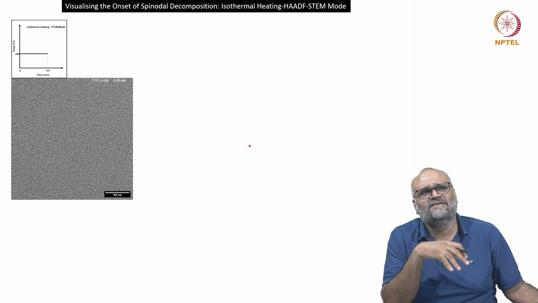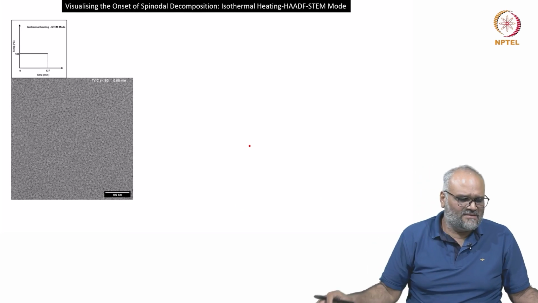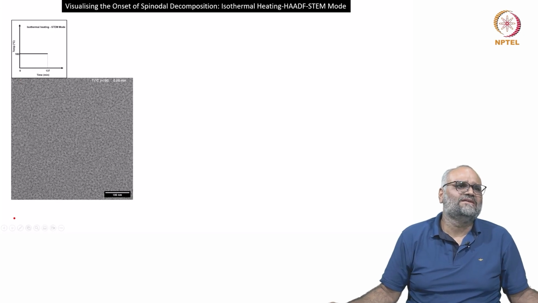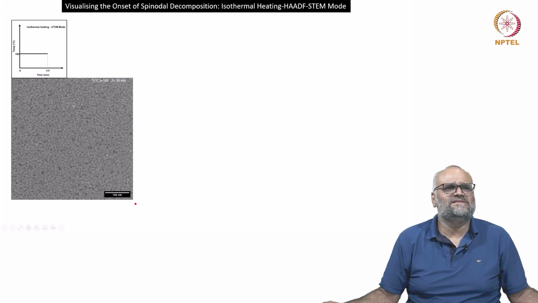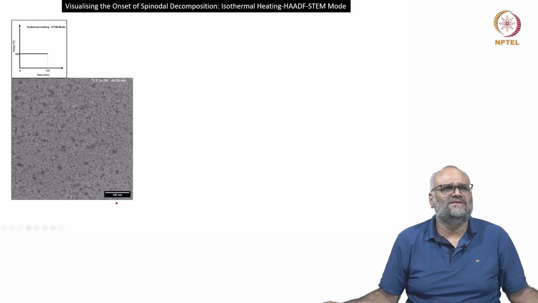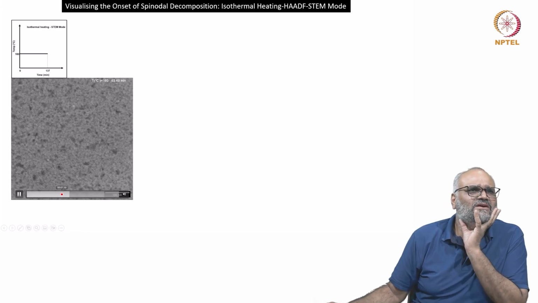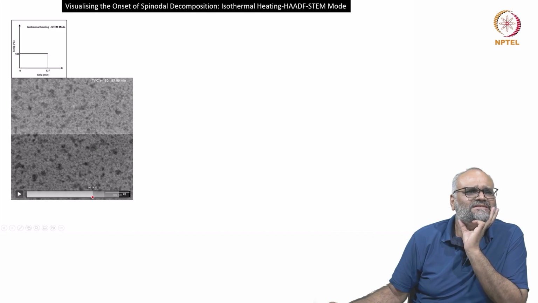So we were interested in visualizing the onset of spinodal decomposition by isothermal heating, and the specimen was held at 180 degrees centigrade for some time, and you can see the timestamp here. And after about 70 minutes or about 40 minutes, you actually see that there is a significant domain size change that starts.